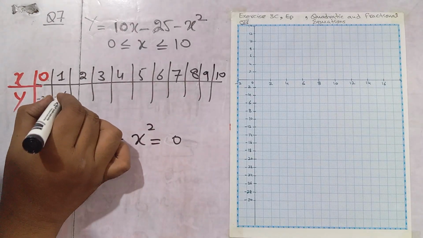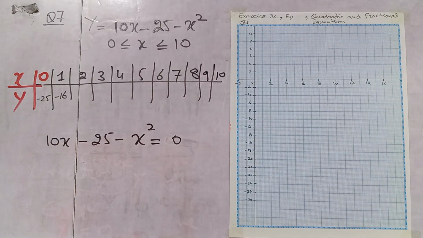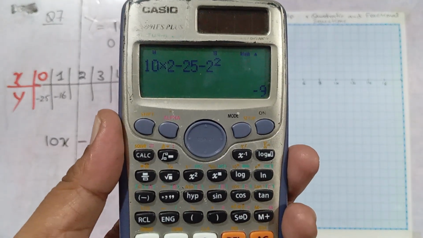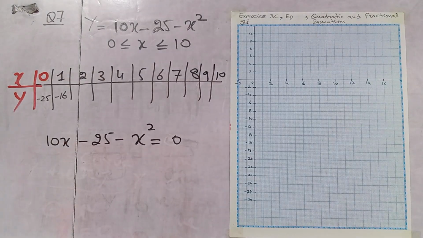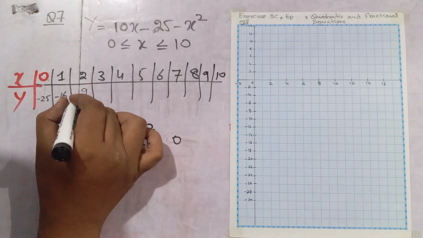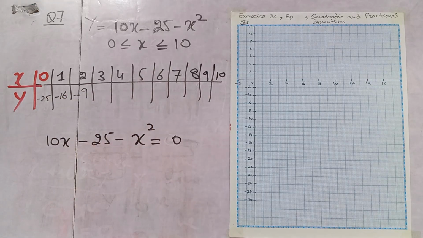Then we have to enter 2. 10 multiply 2 minus 25 minus 2 square equals, that gives me minus 9. So here I write minus 9.